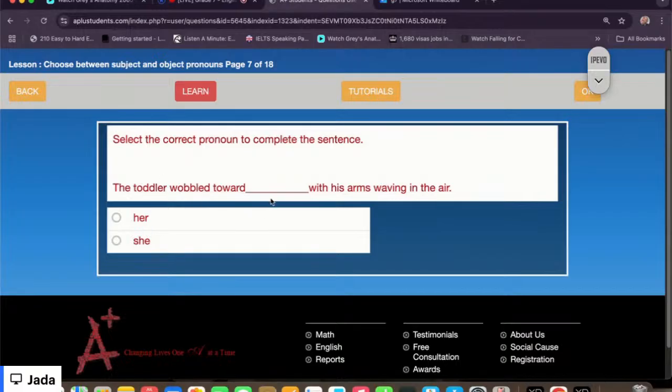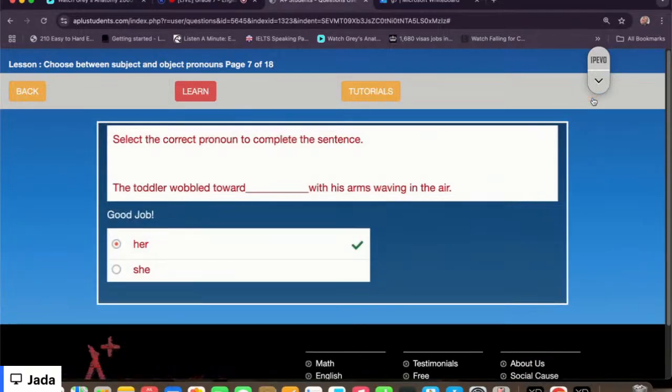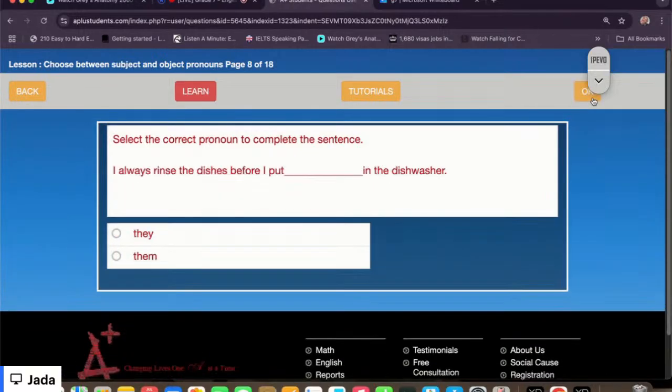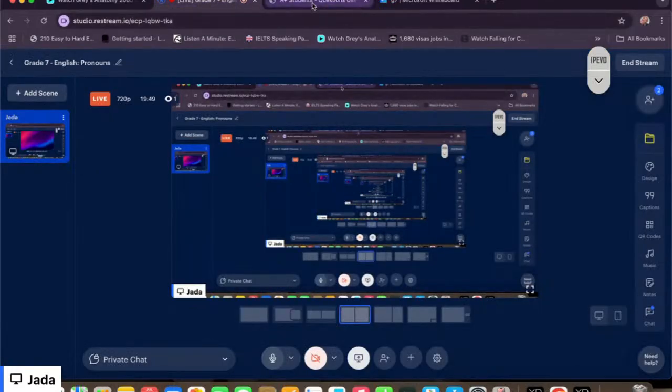Okay, so the toddler wobbled towards her with his arms waving in the air. I always rinse the dishes before I put it in the dishwasher. They or them? What is the right one here?